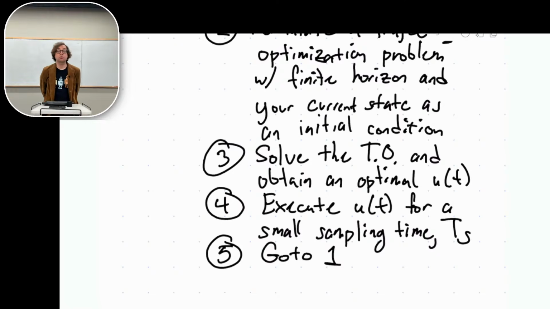Well, let's actually write out one of these optimization problems.